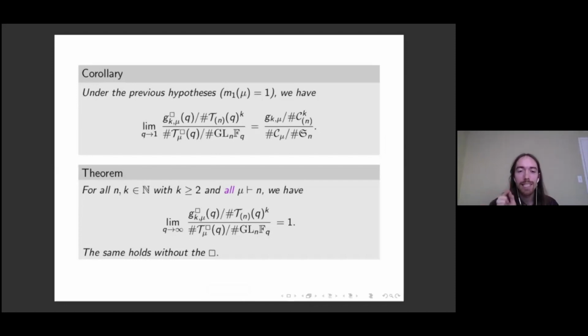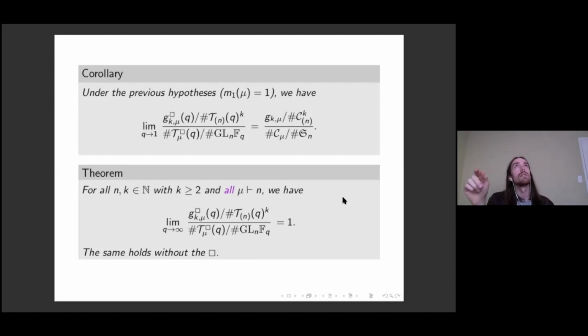If I look at that same ratio of probabilities, and I take any partition mu, it doesn't have to have m1 of mu equal to 1, and I take the Q goes to infinity limit, this ratio actually equals 1. And so what that means is, if you look at multiplying a bunch of random regular elliptic elements together and ask what's the probability I get cycle type mu, it's the same as just taking a random element in the first place and asking, did I get cycle type mu?